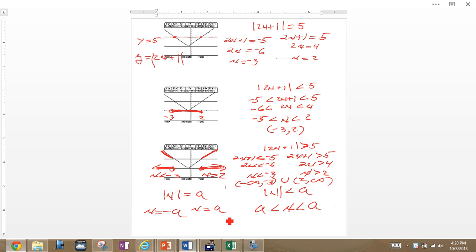So the generalized expression, absolute value of x is greater than a, is simply taking whatever's inside, in this case it was 2x plus 1, and comparing it to a, and taking whatever's inside and comparing it to the opposite of that a value with the opposite comparison.